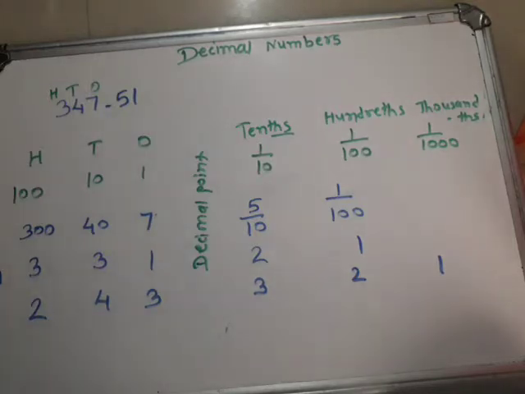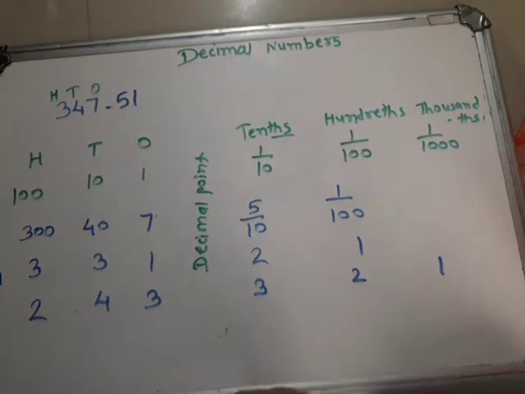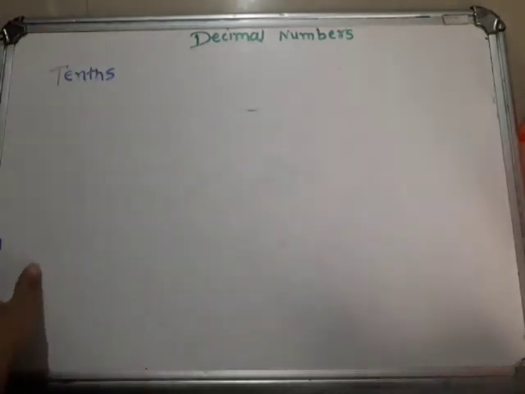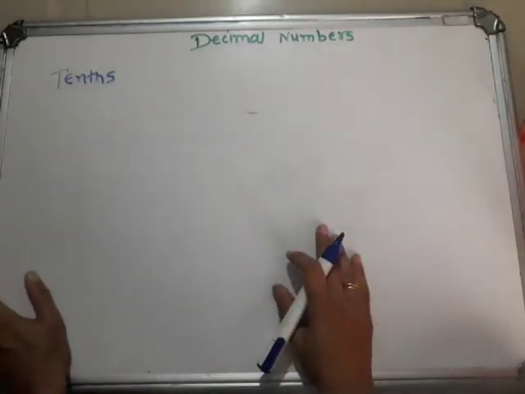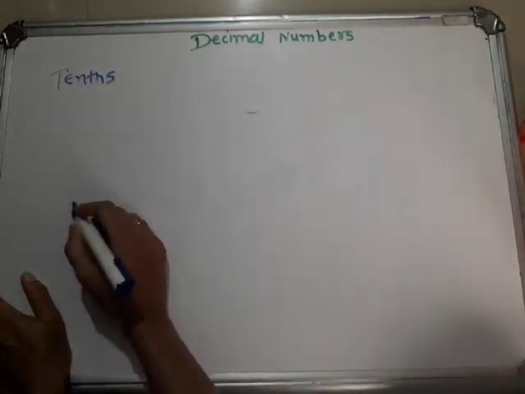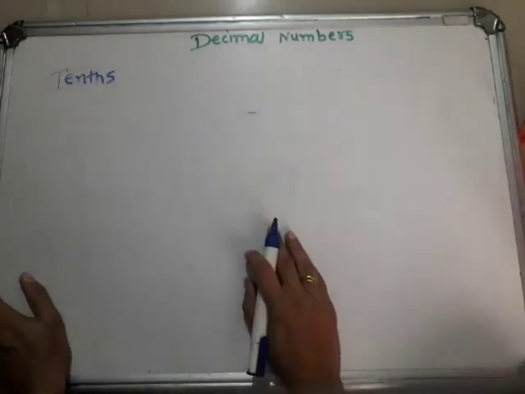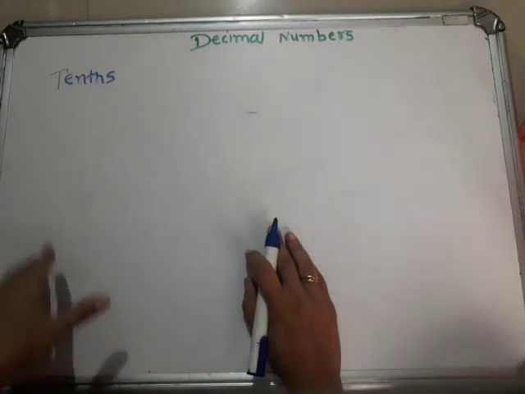Now see here. This is what is meant by tenths place. After the decimal point we write the tenths place. Tenths place means when 1 is divided into 10 equal parts, each part is called 1/10.